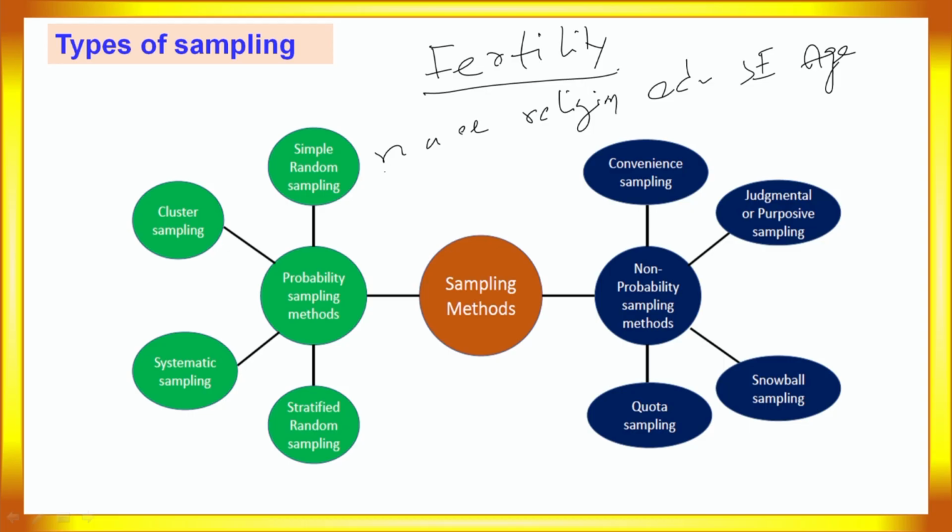Okay. So, these are the important independent variables which are related with your study variable and may actually affect fertility. Now, the population should be stratified based on these particular aspects.